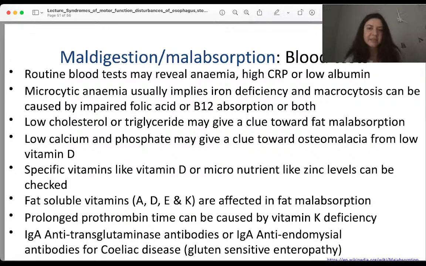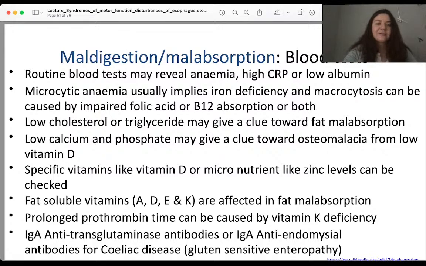Okay, blood tests in diagnosing maldigestion and malabsorption include routine blood tests or CBC. They may reveal anemia, high C-reactive protein, and low albumin. Microcytic anemia usually implies iron deficiency, and macrocytosis can be caused by impaired folic acid or B12 absorption, or both of them. Low cholesterol or triglyceride may give a clue toward fat malabsorption.